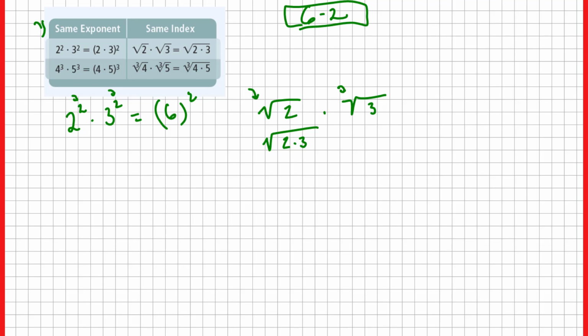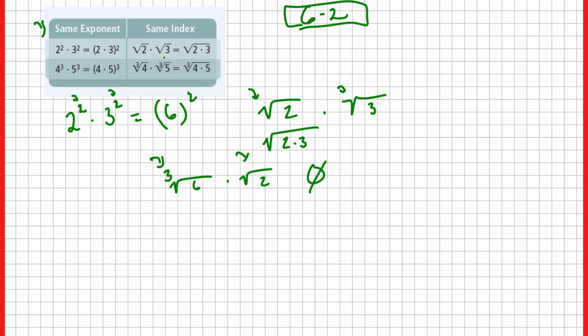So if I take an expression that looks like this, the cubed root of 6, and I want to multiply it times the square root of 2, I can't do that. And why not? Well, the indexes are different. I've got a cubed root and a square root here. So the property that we're looking at does not apply.